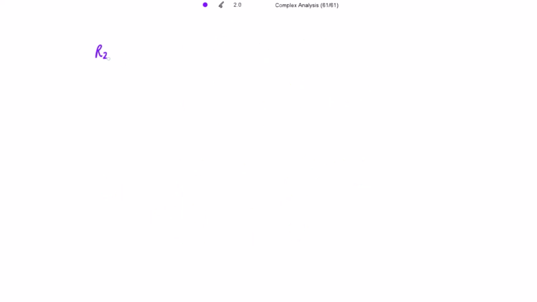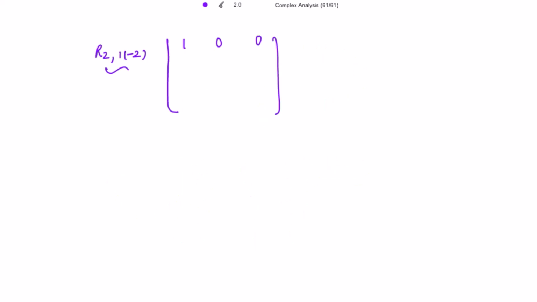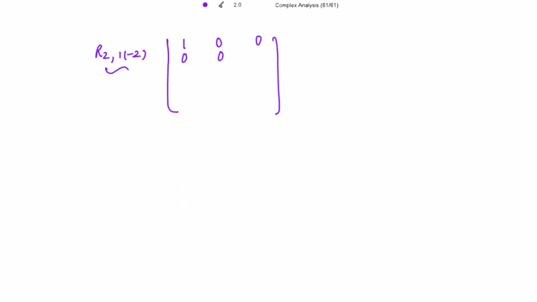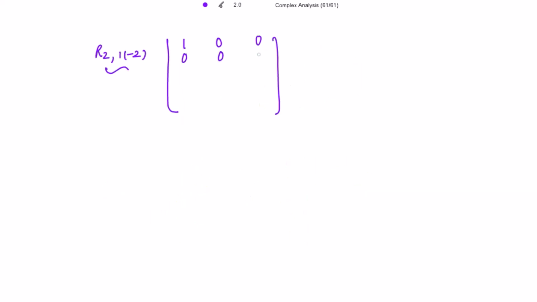So changing row 2 by adding its elements to row 1, but row 1 should be first multiplied with -2. 1 multiplied with -2, we get -2, adding this to 2, we get 0. 0 multiplied with -2, we get 0, adding this to 0, we get 0. 0 multiplied with -2, we get 0, adding this to 1, we get 1. And writing the rest of the rows as it is.